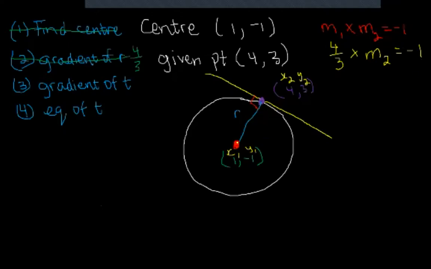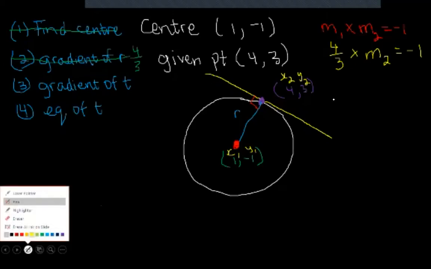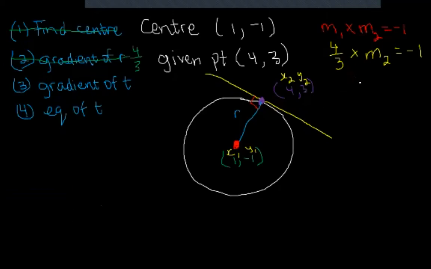Why? Because these lines are perpendicular, meaning they meet at right angles. If I transpose, I will get M2 equal to -3/4. If you don't understand how I got that, let me know.